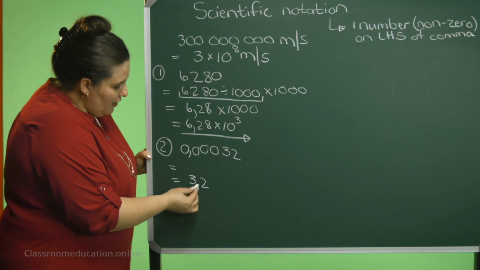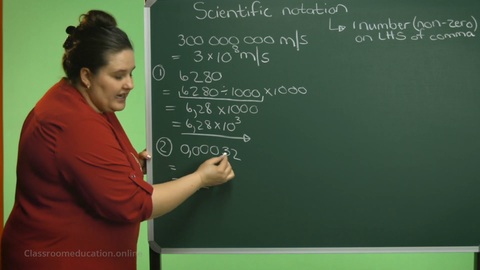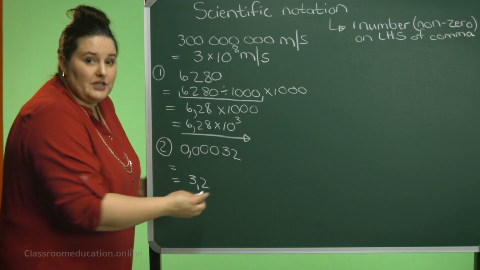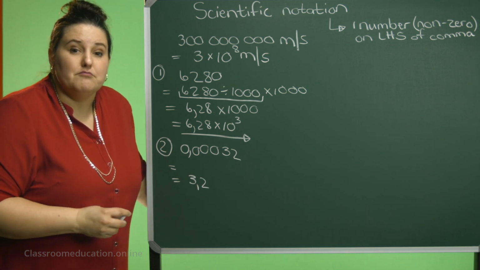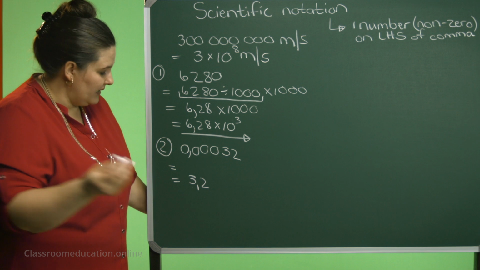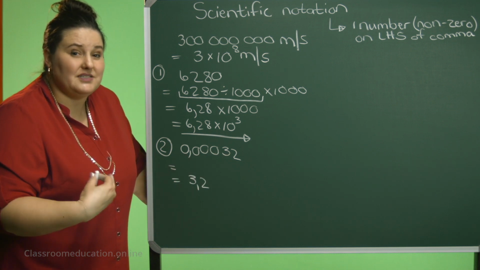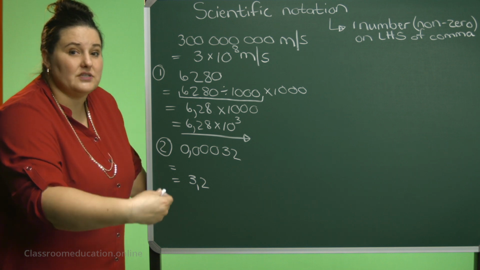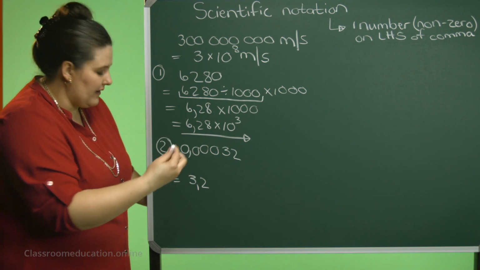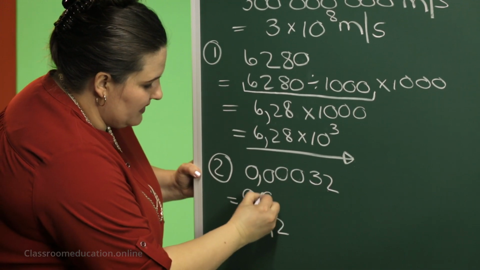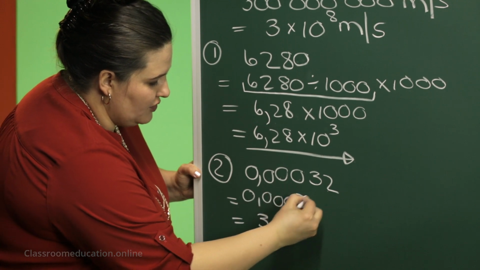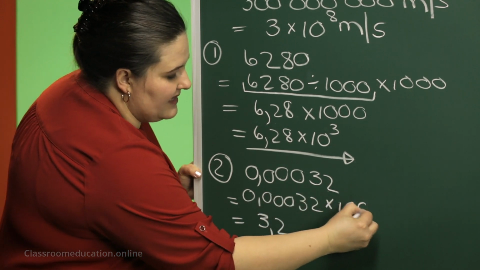Okay, so to go from 0,00032 to 3,2, I'm actually multiplying. With what? 1, 2, 3, 4. It's 4 spaces, so I'm actually multiplying with 10,000 because it has 4 zeros. So it is 0,00032 times 10,000.